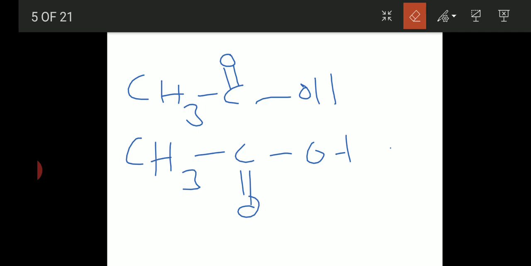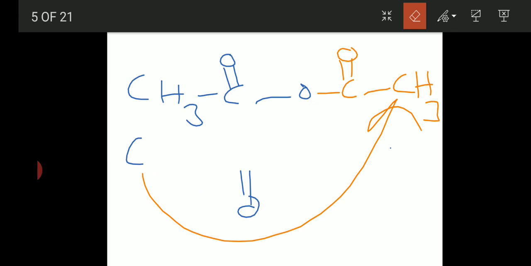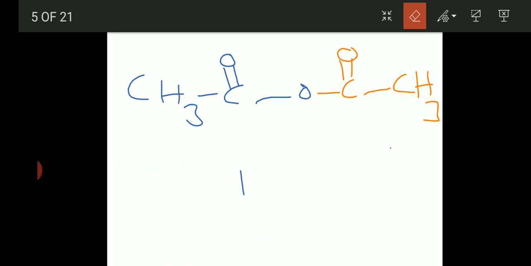Yes, removing H2O from this and connect these two. Yes, CH3COO, CH3CO. Stretch this like this. What will we get? This CO will come here, C double bond O, and this CH3 will come here straight. Okay, now this is the derivative of ethanoic acid.